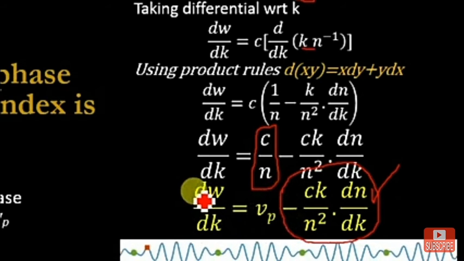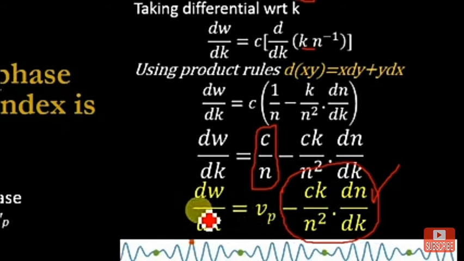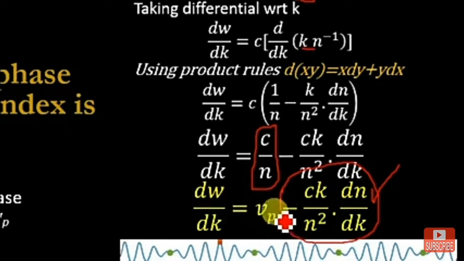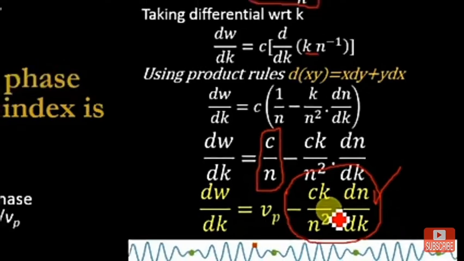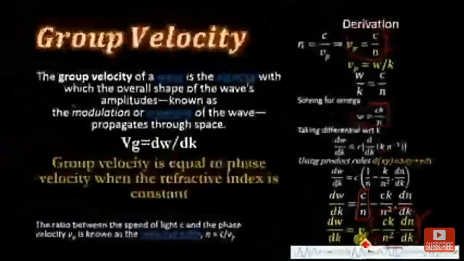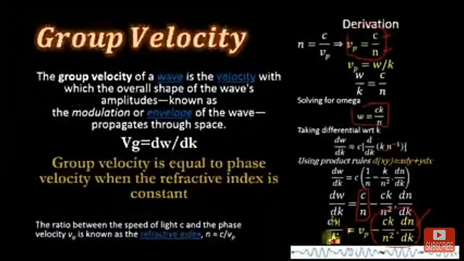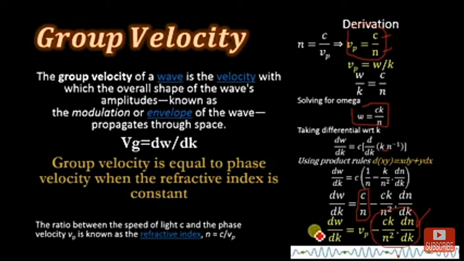So the group velocity can never surpass the speed of light, but the phase velocity can surpass the speed of light. But actually we need the group velocity to transfer the information from one place to another. That's why the speed of light is a constant.